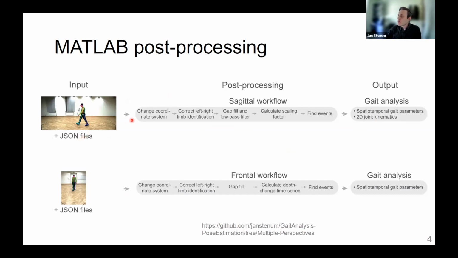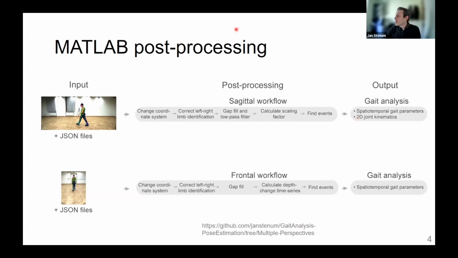And then there are a series of semi-automated steps, and I'm going to show two examples of running that. The output is spatial temporal gait parameters, and for the sagittal workflow, 2D joint kinematics.